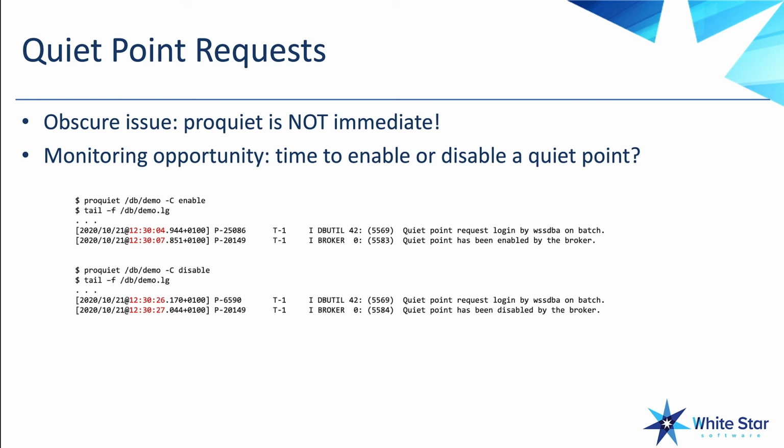Likewise, when you disable the quiet point and re-enable the database for activity, it's also just a request. So you have to monitor the database log and make sure that it's in there. One thing to watch for, if you're doing this in a scripted manner, so maybe you're doing a quiet point every night while you do your backup, is to make sure that the time stays consistent.